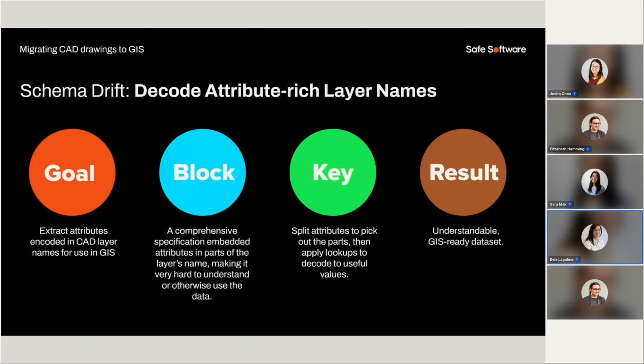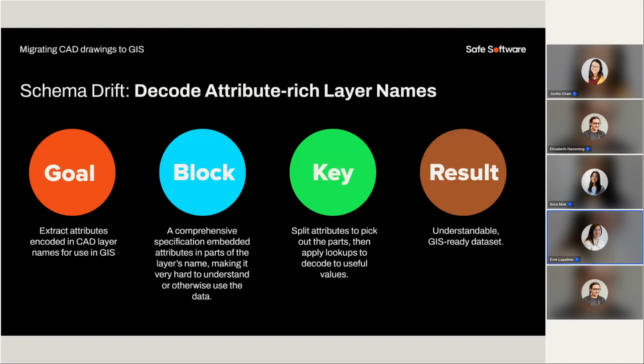The problem is that the comprehensive specification embedded attributes in parts of the layer names, making it very hard to understand or otherwise use the data. So we're going to split these out into parts and make this into an understandable, GIS-ready data set.